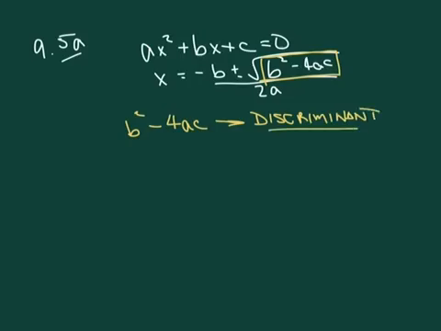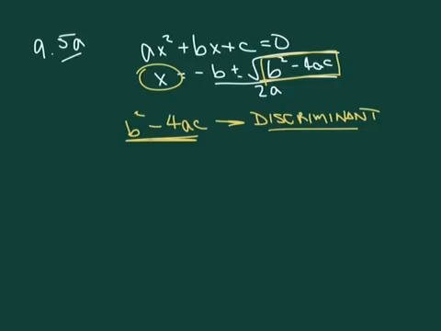That's all that is. When we plug the numbers in, square the b, minus 4 times a times c, and we get a number, that's called the discriminant. And what that discriminant does is it tells us what kind of answer we're going to get here for x. That's as far as I'm going to go with that right now. The book doesn't really even go that far, but that's what a discriminant is.